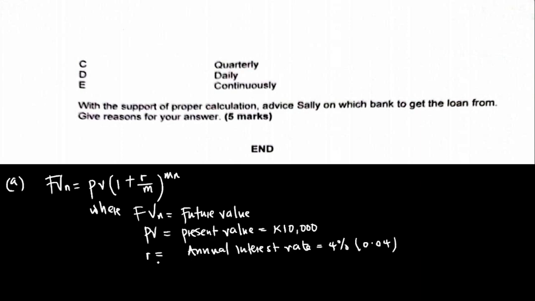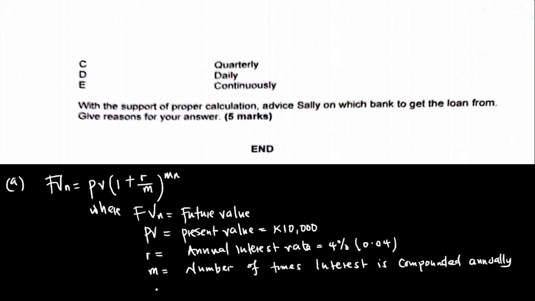Then we have M there, which represents the number of times interest is compounded annually. Then we have N there, which represents the period of investment.